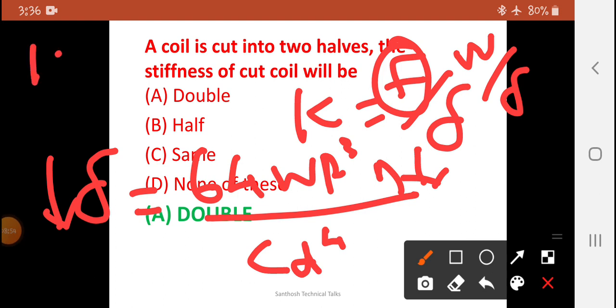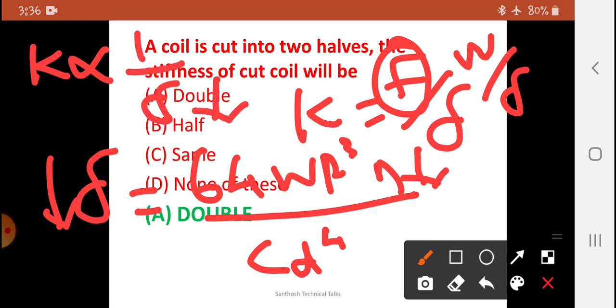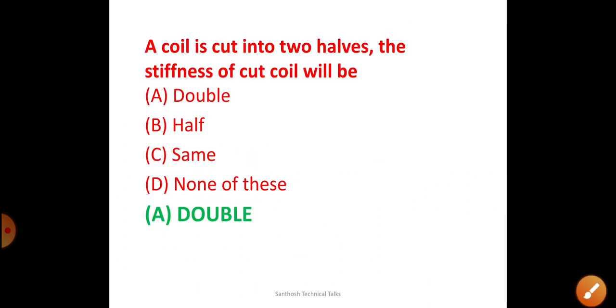The relationship between stiffness and deflection is inversely proportional, so if the deflection is reduced, then the stiffness will get increased. So if we cut the spring into two halves, the deflection will be reduced and the stiffness will be increased by double.